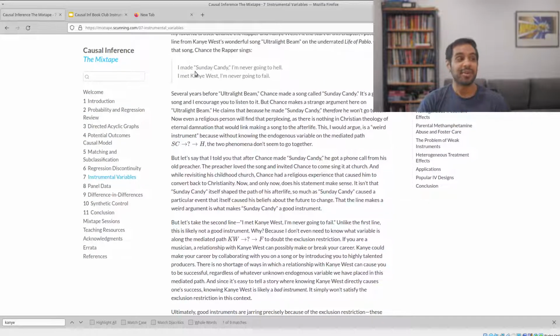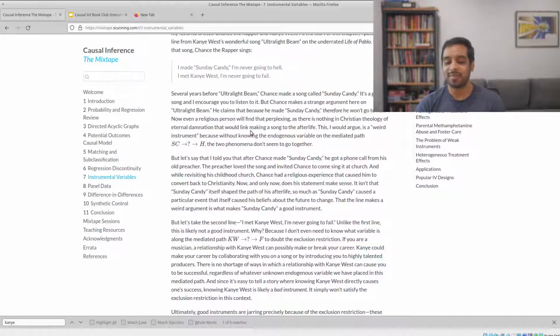So I won't read the whole thing here, but Scott pulls out quotes from lyrics from Chance the Rapper, and he has two lines about this rapper saying he's never gonna go to hell, and then meeting Kanye West and never gonna fail.